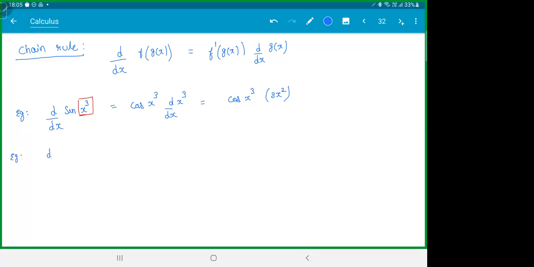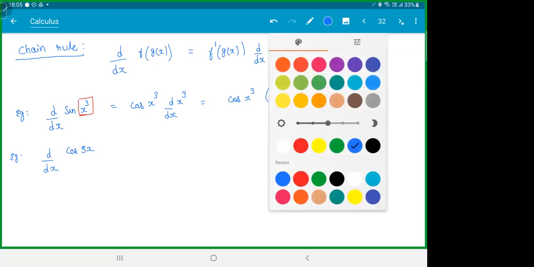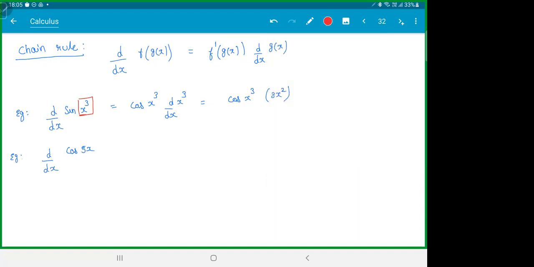Suppose I have d by dx of cos 5x. Now the formula for cos is what? Minus sine x. But here it is cos of something inside. It is not x. So here this is my g of x. So this is cos of a function. The derivative of cos, first of all, you start with cos and don't care whatever is inside.